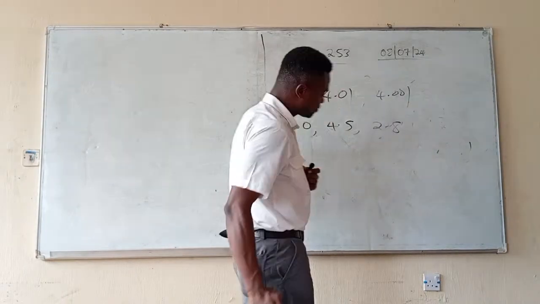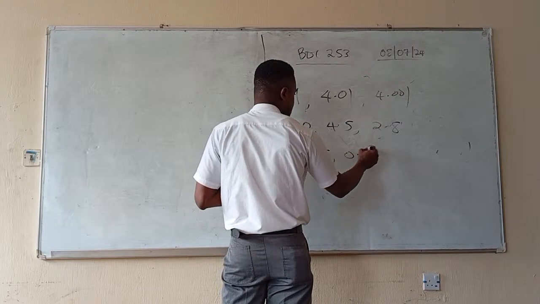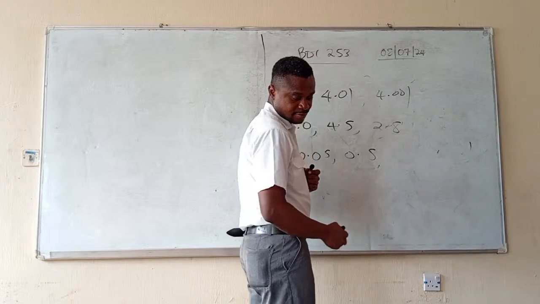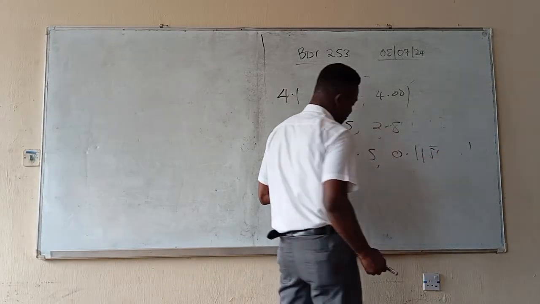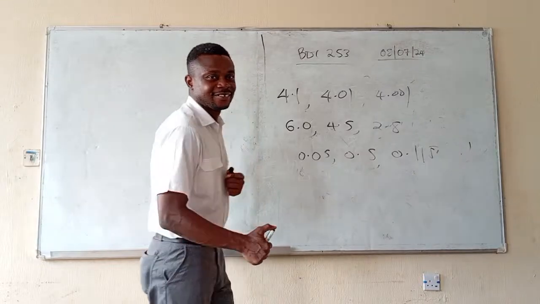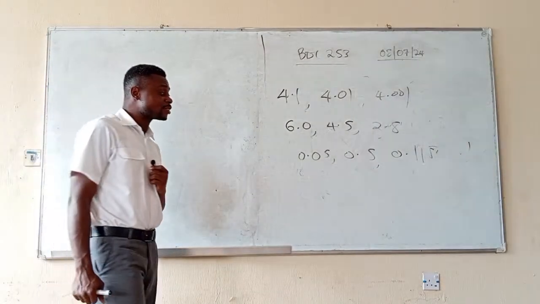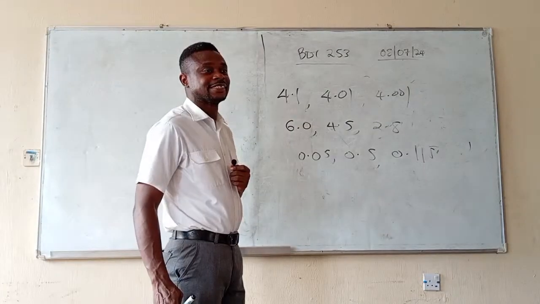Look at this one: 0.05, 0.5, 0.115. The least is what? Highest?